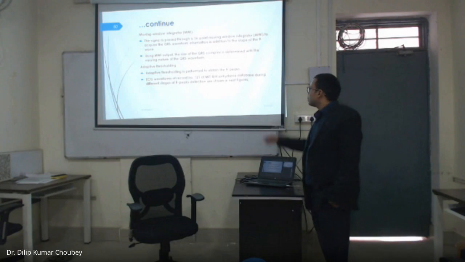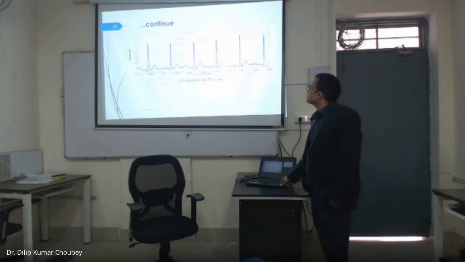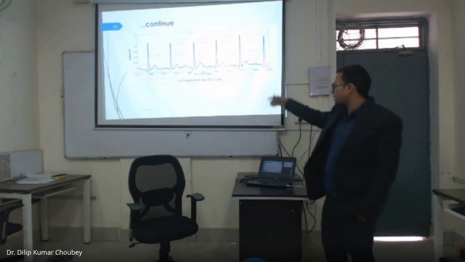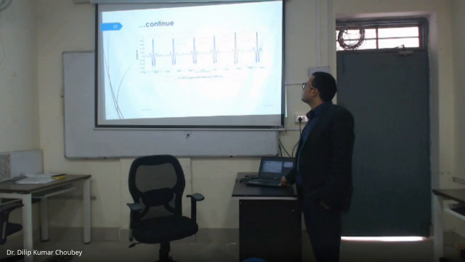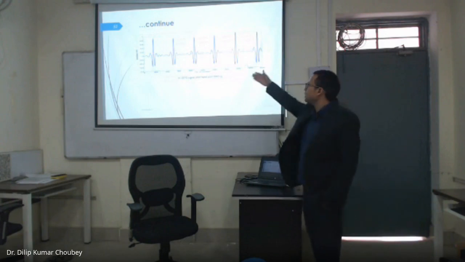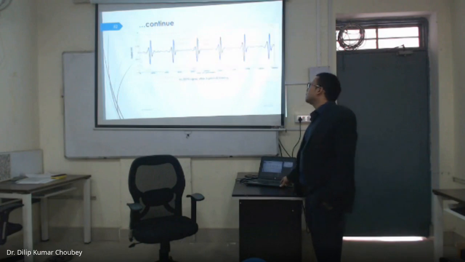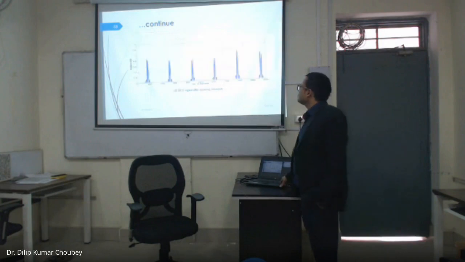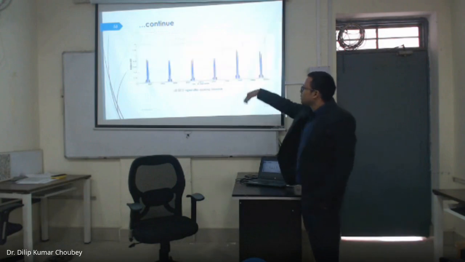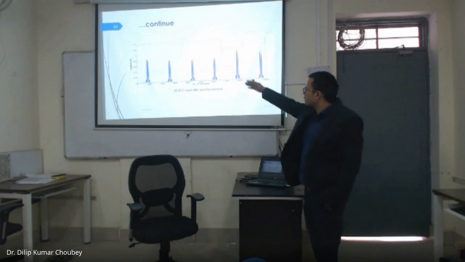Here for record number 121, you can see how the signal looks after pre-processing. After the bandpass filtering in the band 5 to 15 Hz, it looks like this. After the 5-point derivative, it looks like this, and here you can see the slope. After the squaring operation, all the signal becomes positive and is highlighted.